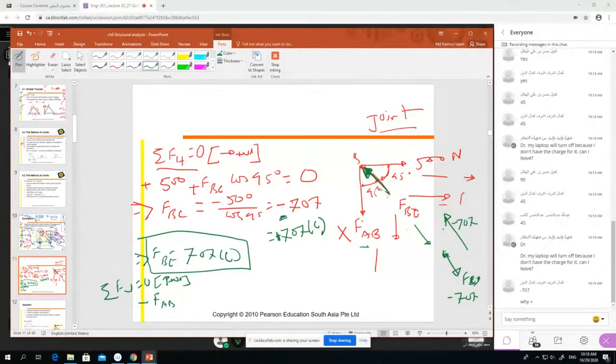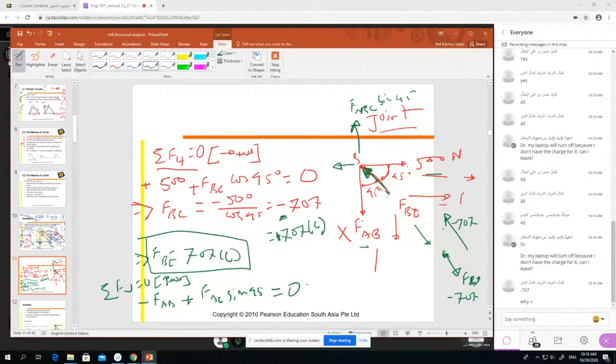Then this force BC, now we changed the direction, so it is working upward. The vertical component is FBC sine 45-degree, and 500 is completely horizontal, so it will not come, equal to 0.